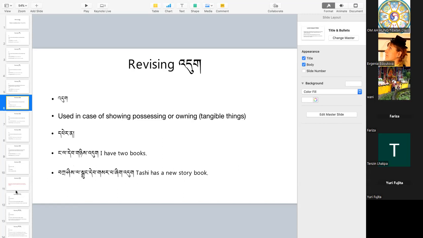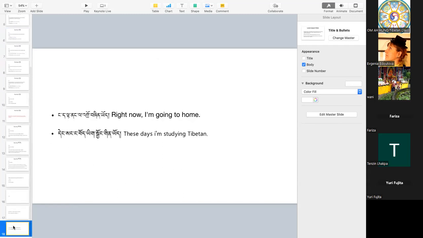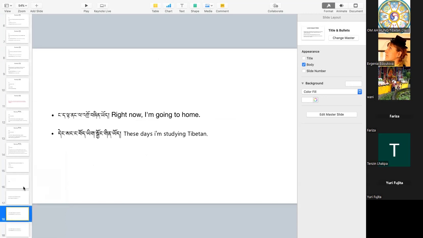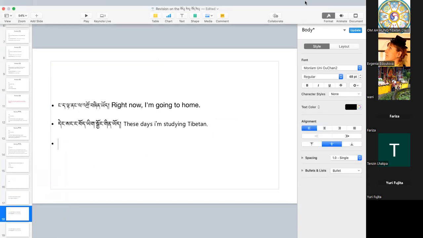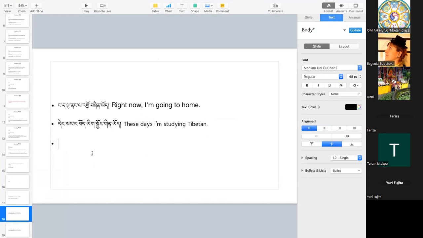Okay, so I think I should have this for this one. So in this case, it's quite simple. The first one is the subject. And then the action.